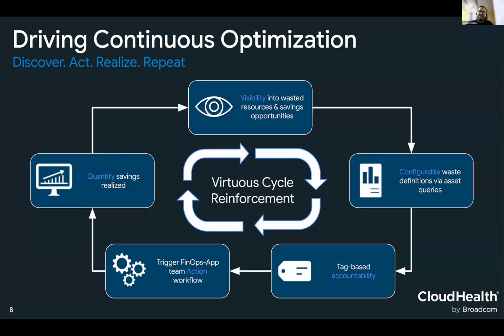And this is not limited to waste identification. This is the first area which we have picked up in the new experience to demonstrate this complete loop, right? And this will carry over to every area in our platform. So the idea here is, the first step is always visibility.